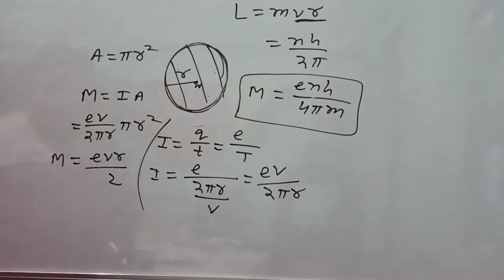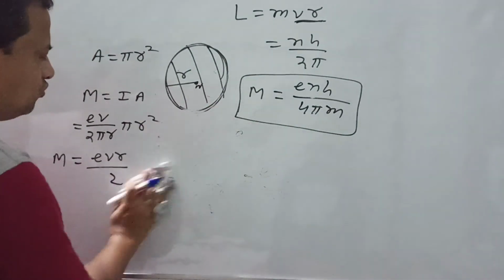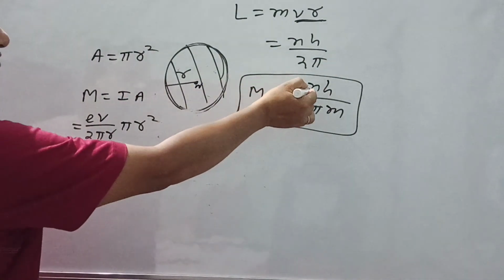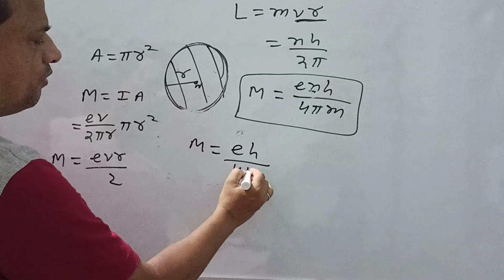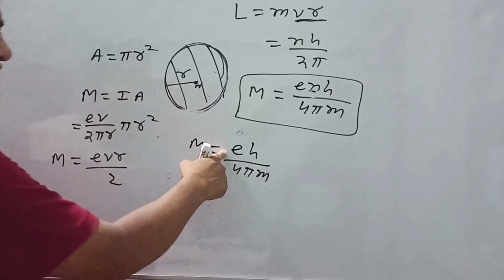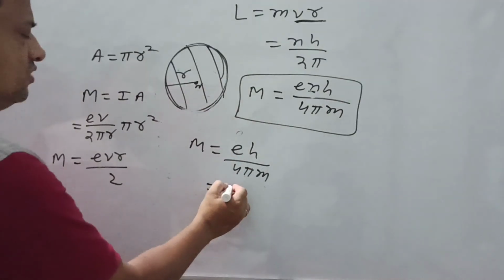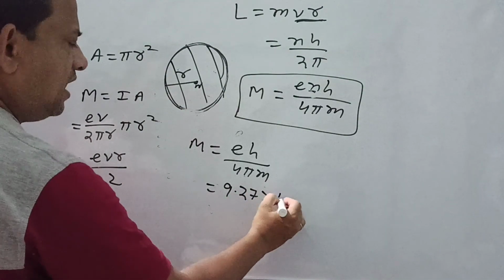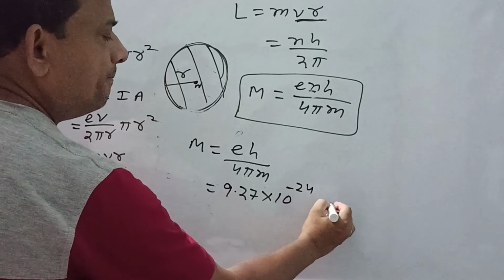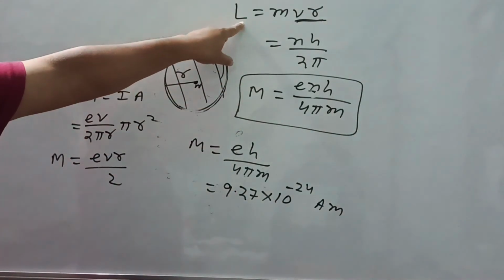But if you place n is equal to 1, you will get M is equal to simply eh by 4 pi m. e, you know its value, h is Planck's constant, you know its value. After putting all these values, you will get 9.27 into 10 to the power minus 24 ampere meter squared. And this is called the Bohr magneton, because Bohr's postulate is used.